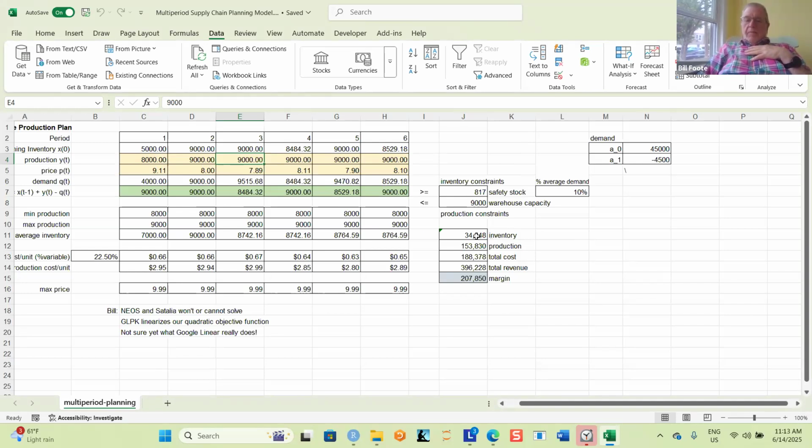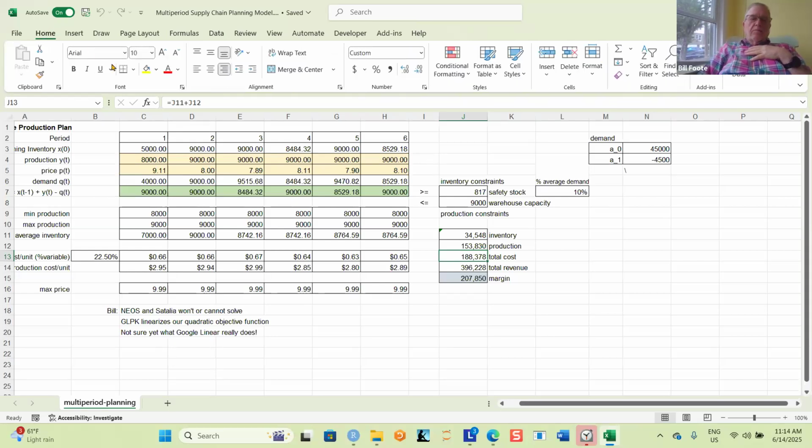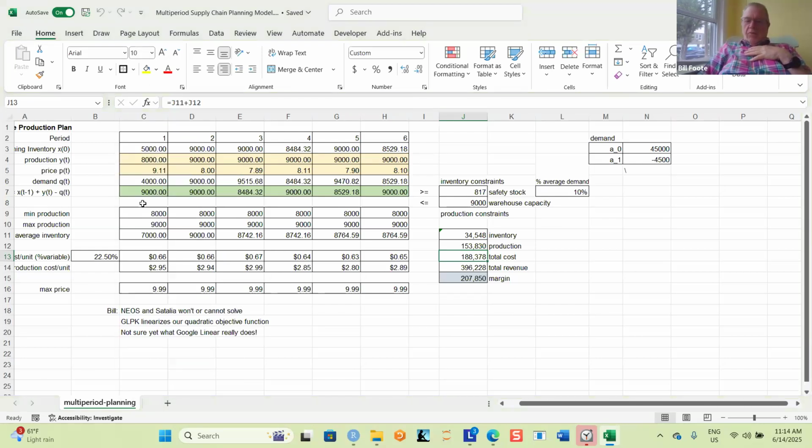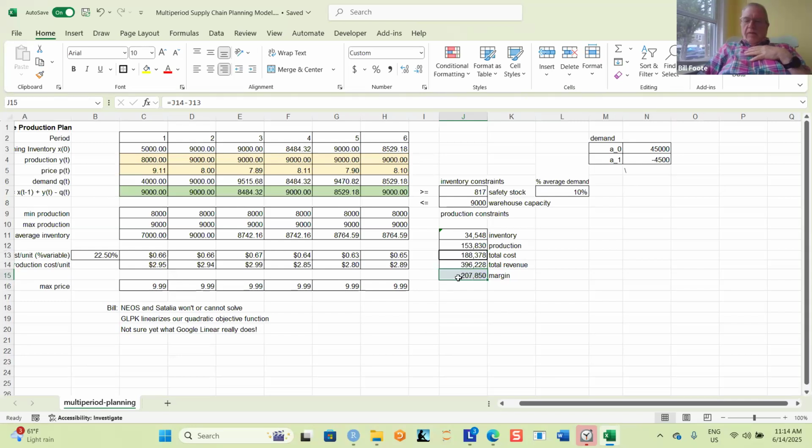Now, here are the inventory costs. I really should put this in some sort of thick outside borders. Okay, I have inventory costs and production costs.